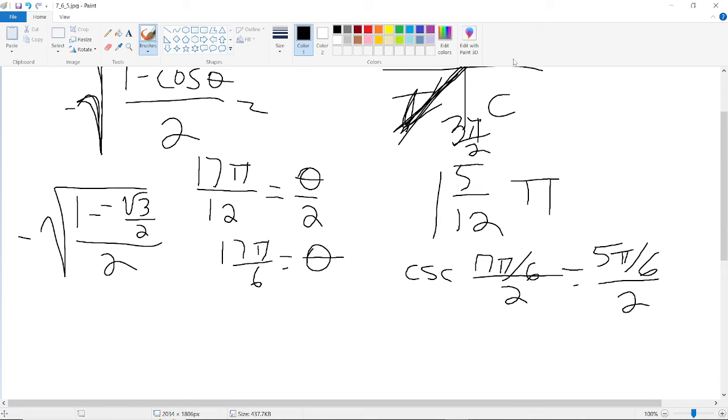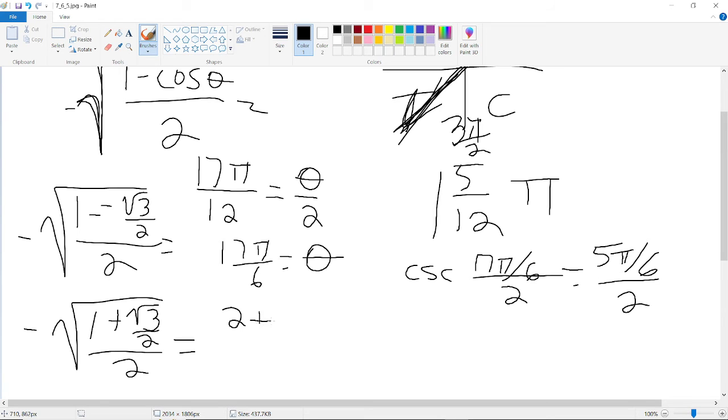I have negative square root of 1 plus square root of 3 over 2, divided by 2, which equals, well, I can write this as 2 over 2 plus square root of 3 over 2. So this can be 2 plus square root of 3 over 2 on top, divided by 2 on the bottom, negative square root.